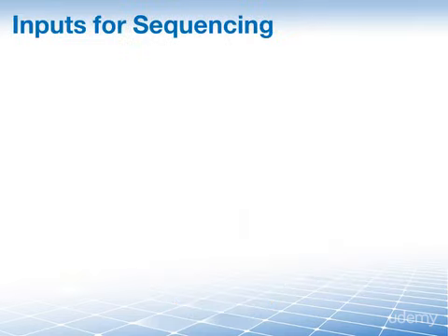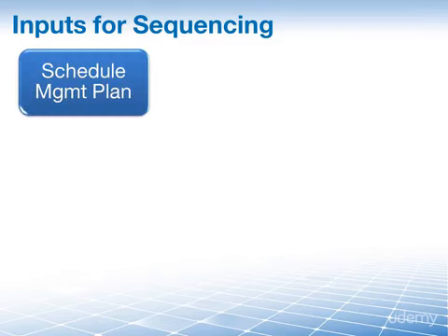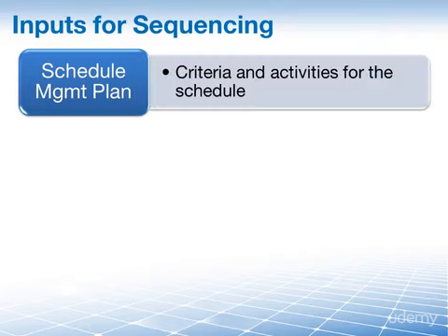The first of these 7 inputs, the schedule management plan, comes to us from the plan schedule management process, a sister process here in time management. It is a component of the project management plan that establishes the criteria and the activities for developing, monitoring, and controlling the schedule.